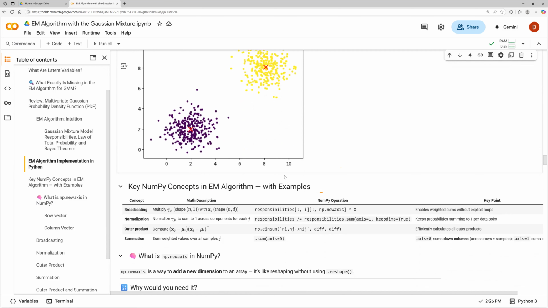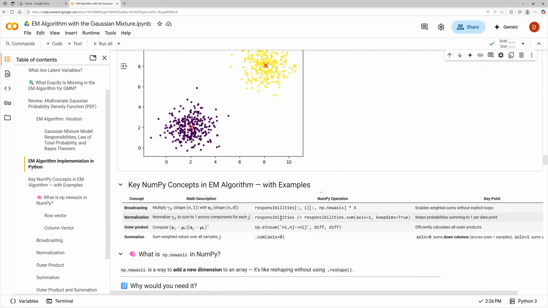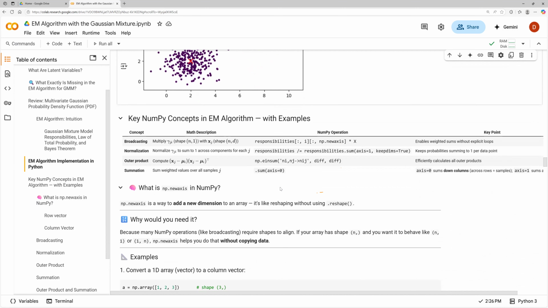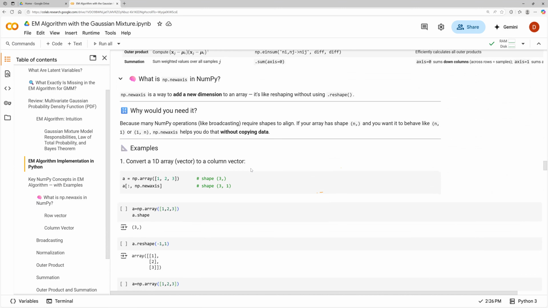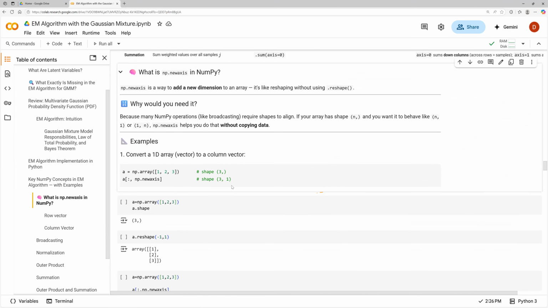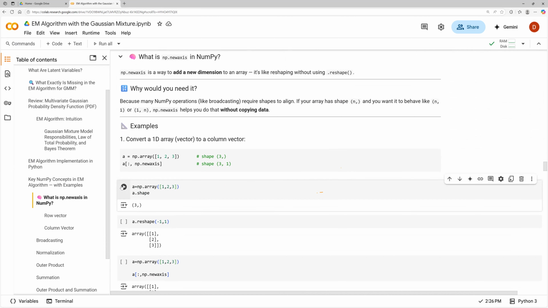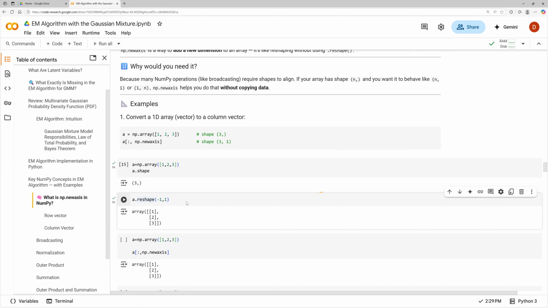So these are the NumPy commands that we would need to know. What's np.newaxis? It's basically just reshaping the data. I'm going to go through a couple of quick examples here. We see that this is 3. It's one dimension. If we reshape it here, we get a column.